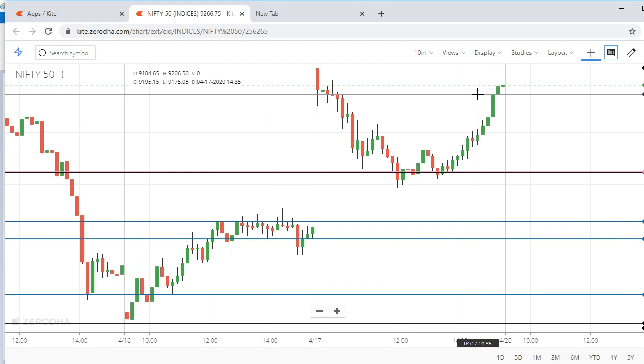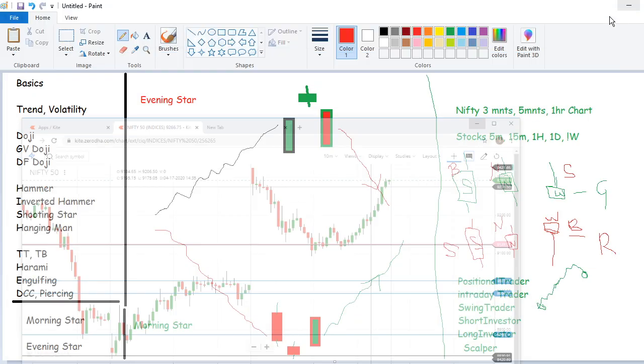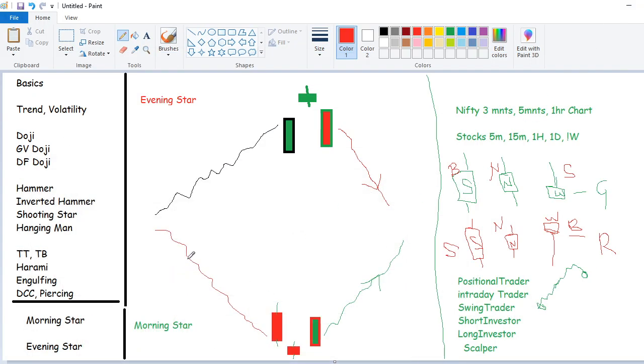So till now we discussed candlesticks, different kinds of candlesticks, formations, and the best time frames to use, and what kind of trader you are, which you need to understand. Try to select a few stocks where you are comfortable, and observe them closely to understand their emotion, where exactly buyers are entering, or the sellers are entering, and how it is reacting.